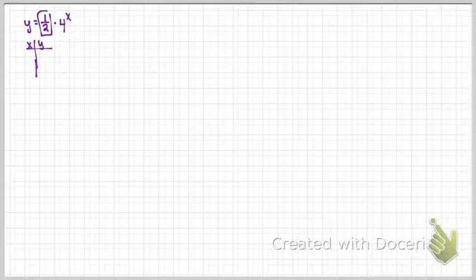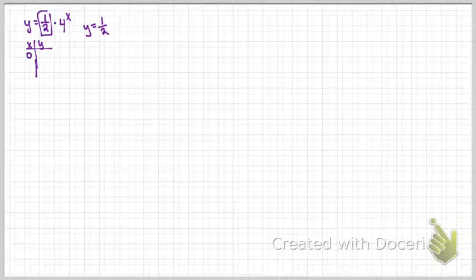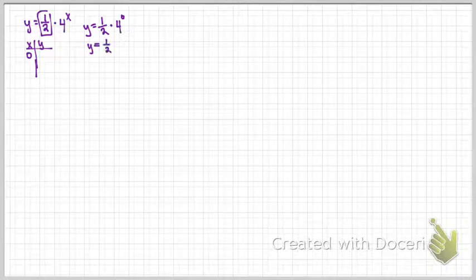So again, if you pick 0 for x, you need to plug it in and see what you get. So we're going to get y is equal to 1/2 times 4 to the 0. Anything to the 0 power is just 1. So you have y is equal to 1/2 times 1, or y is equal to 1/2.